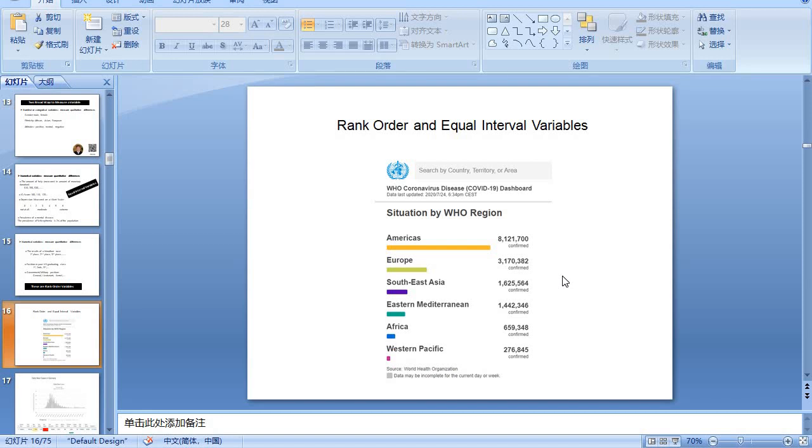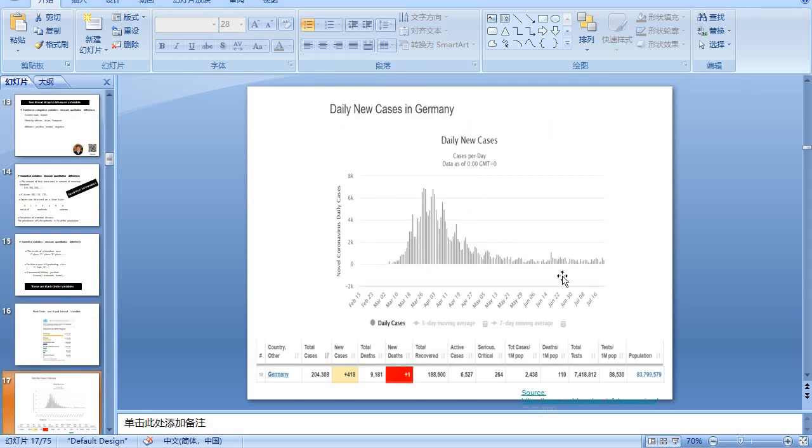So with equal interval variables, you not only know which place has more cases and which has fewer, you also know how much more.